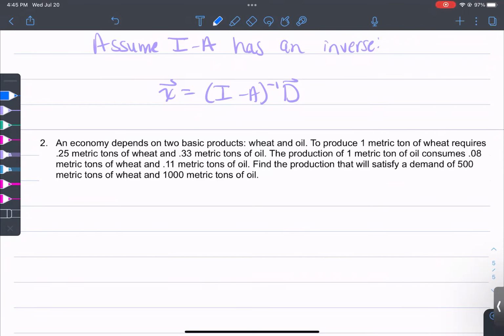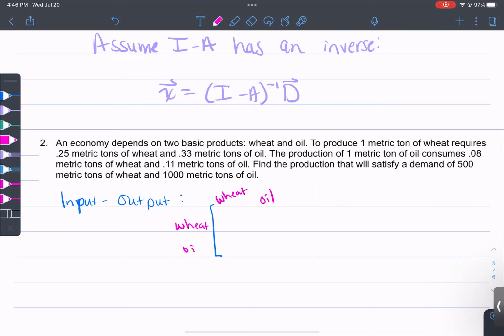So we're going to again begin with our input-output matrix. The two things we are discussing in this problem are wheat and oil. So using matching orders, label your rows and columns. And remember, the top refers to the output.